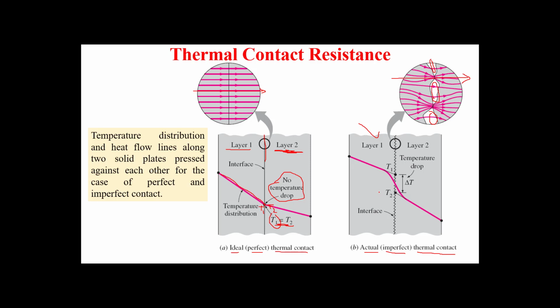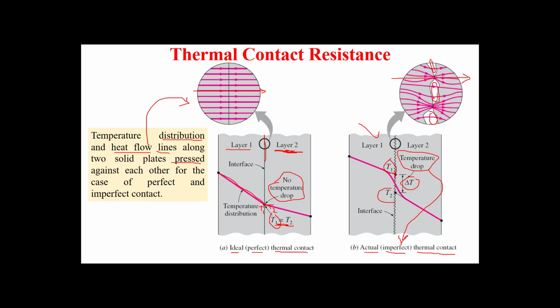Now, what happens in reality? T1 on this side will be greater than T2. We have a temperature drop if we have imperfect contact. So this is the temperature distribution and heat flow lines along two solid plates pressed against each other.